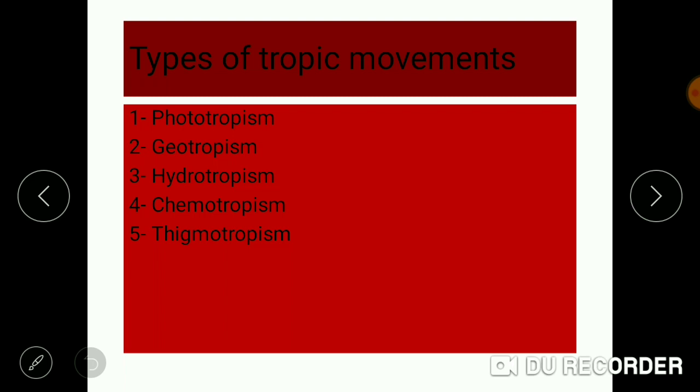Hydro means water, so it is the response towards water. Chemo means chemical, so it is response towards or away from a chemical. Thigmo means touch, so it is response to touch. We'll be studying these 5 types of tropic movements in this chapter. Today's class we'll be discussing phototropism.